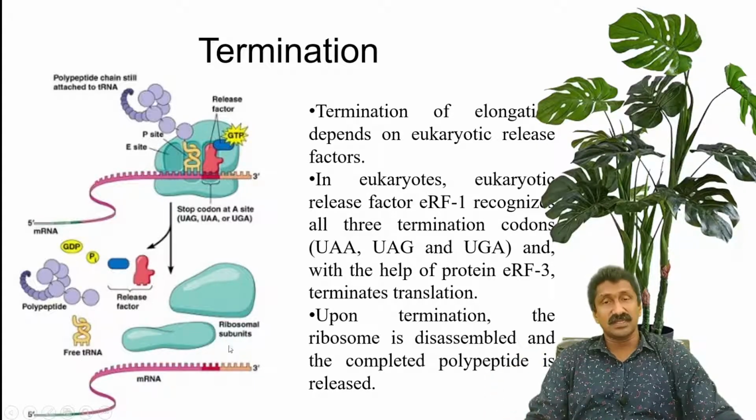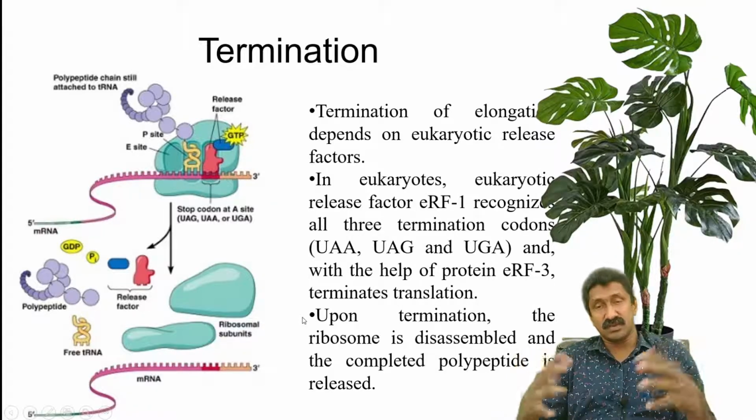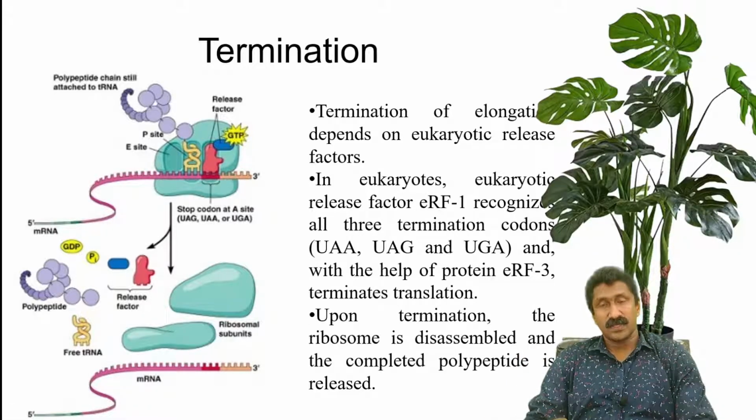Everything will be released after dismantling this complex. So this is about eukaryotic translation, and this is the end of the discussion on the translation process or protein synthesis process in prokaryotic and eukaryotic systems. Thank you.